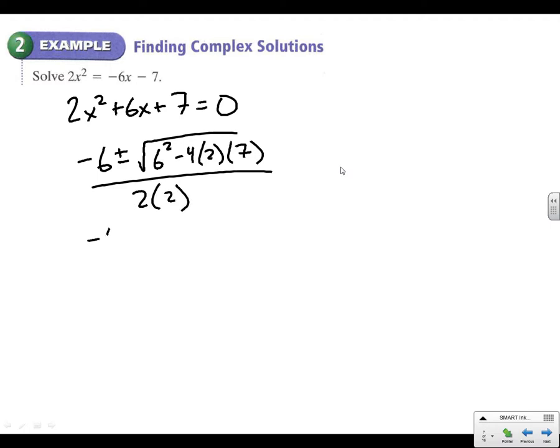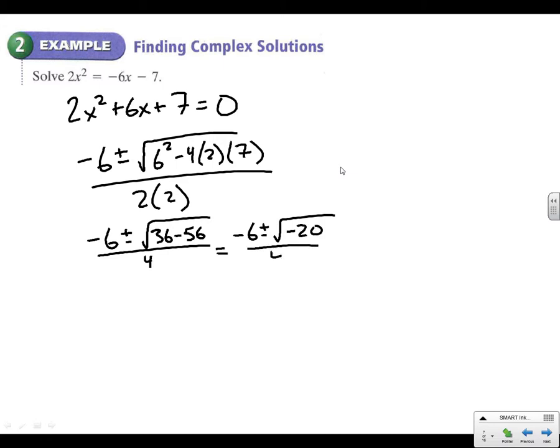Clean it up. Negative 6 plus or minus the square root of 36 minus 4 times 2 is 8 times 7 is 56, all over 4. Negative 6 plus or minus the square root of negative 20 all over 4.